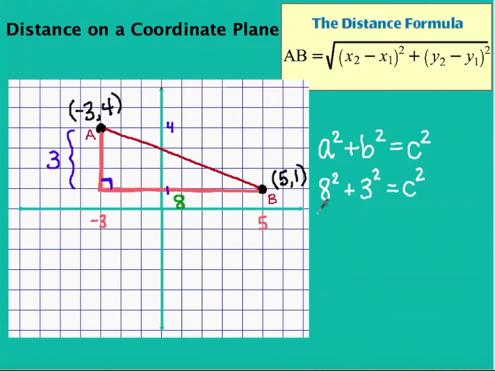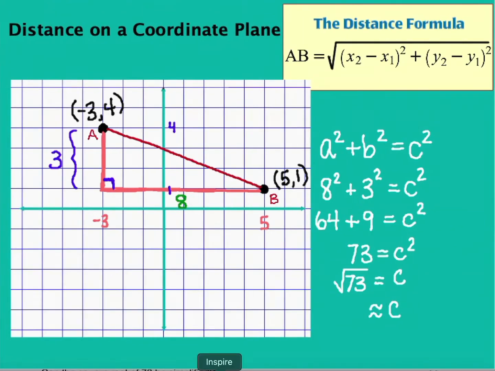Let's figure this out. 64 plus 9, 73. I'm getting, and technically plus or minus the square root of 73, but we'll use the positive version. How much is that? I got about 8.54 units. So that kind of makes sense. It should be the longest side of the triangle.